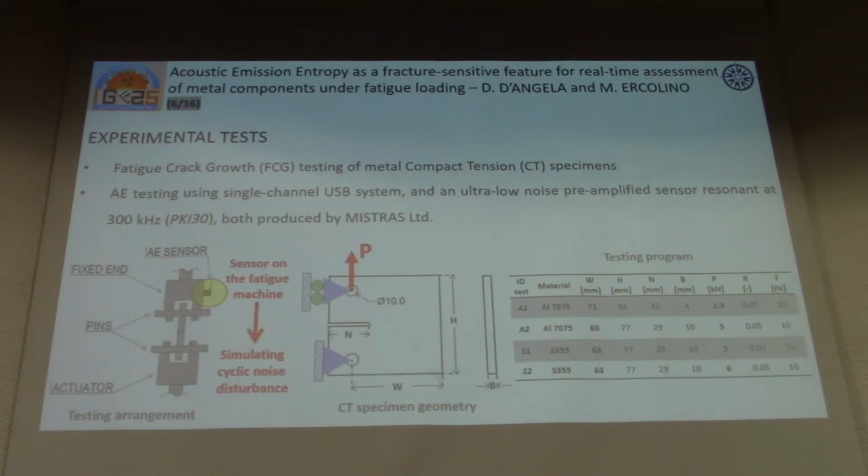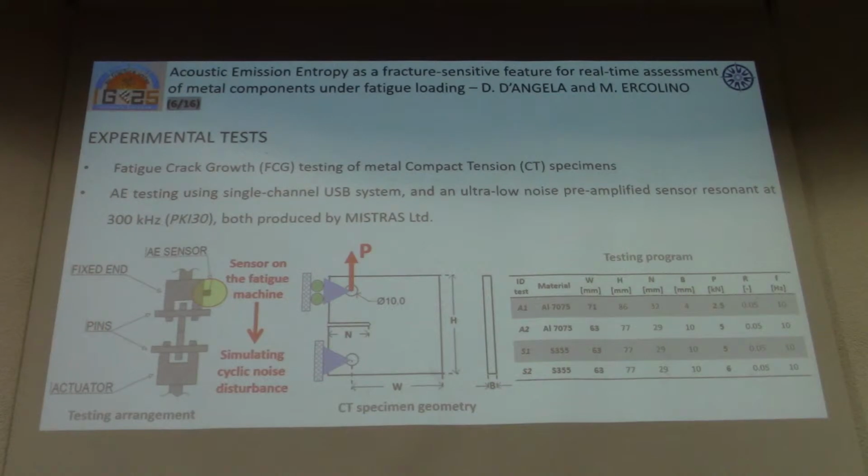We carried out experimental tests on 4 compact tension specimens, fatigue crack growth testing, and we used one single-channel USB system produced by Mistras Limited. And we used one ultra-low noise preamplified sensor, resonant at 300 kHz.